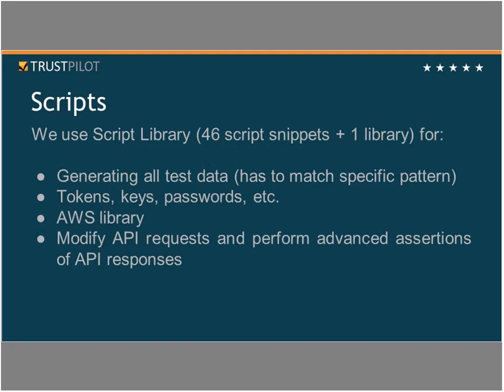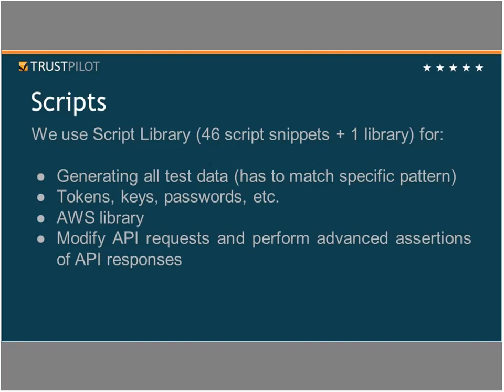We use scripts to generate all test data. All test data is generated by the scripts, because it has to match a specific pattern, and it has to be independent.